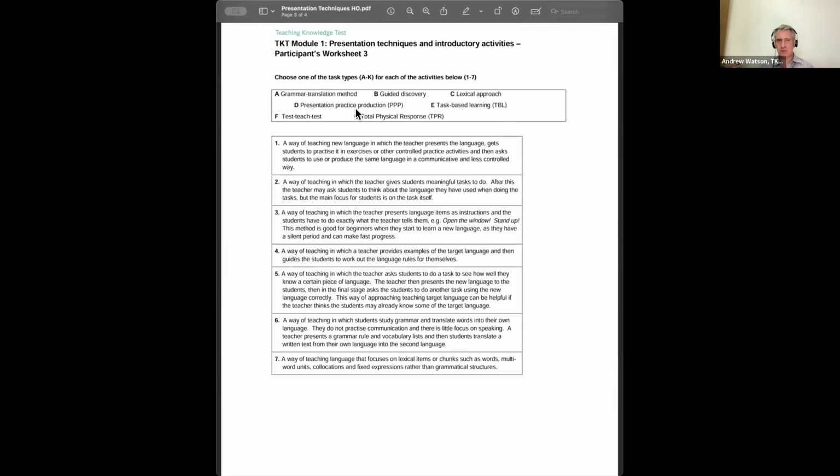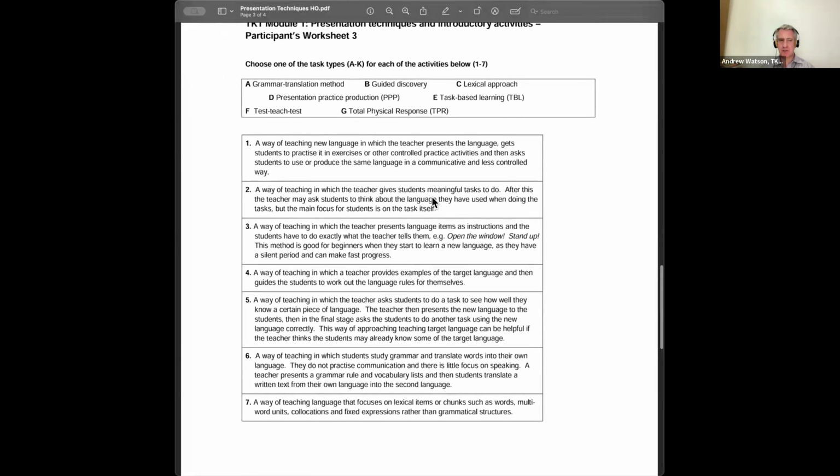Now, I'd like you to try to match the task types with A to K for the activities, right? So the ones mentioned are guided discovery, and that is a way of presenting language. Lexical approach, presentation, practice, production, task-based learning, test, teach, test, total physical response.